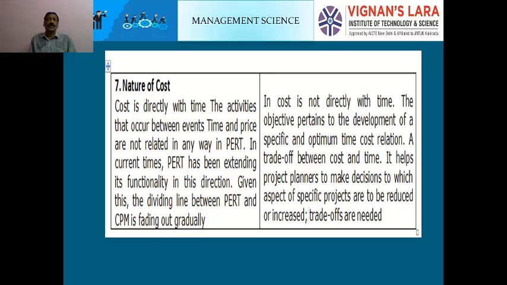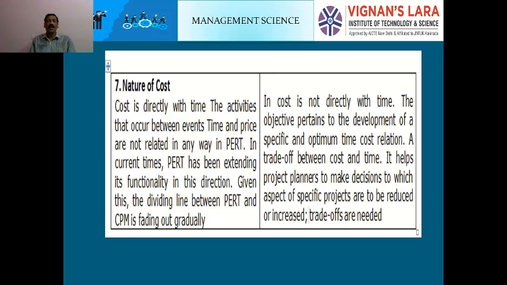While performing the PERT method, cost is directly associated with time. That means the activities and events are interrelated with reference to cost. That means reduce the cost with reference to reduced time. That means time and price are not related in any impact.